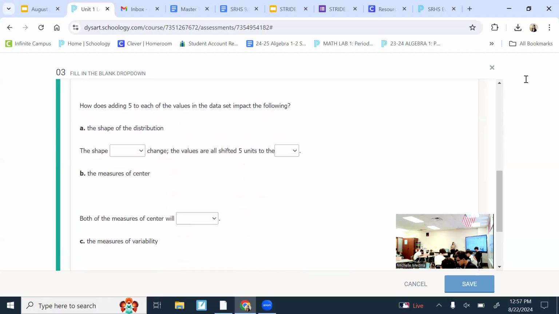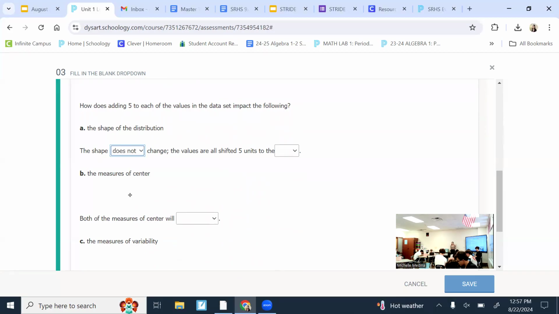Because if I'm adding 5 to every single number in the data set, will the shape change? It will not, the shape will not change. Because it'll just basically move the shape to the right 5.